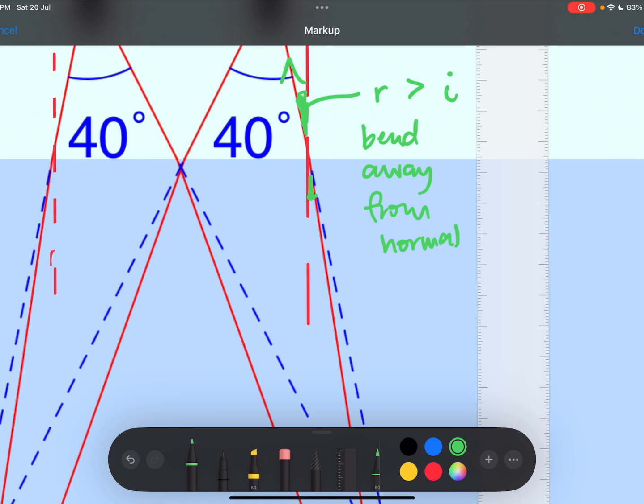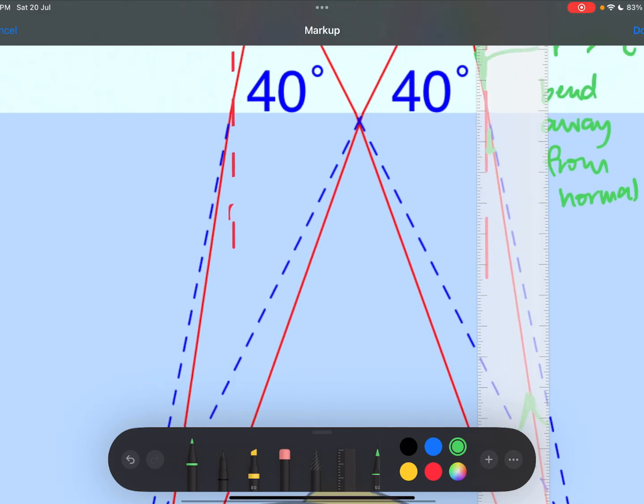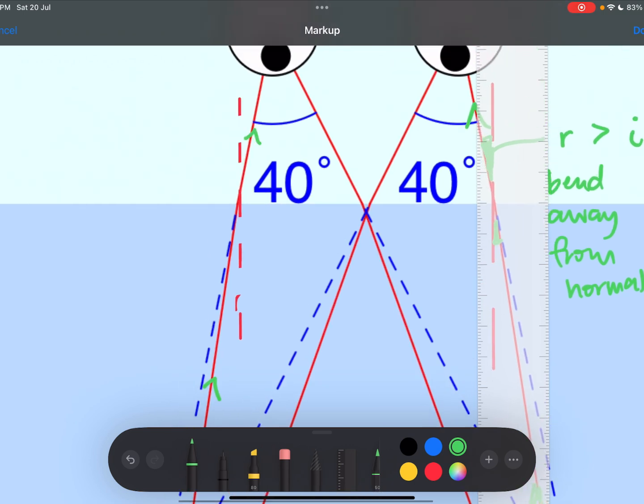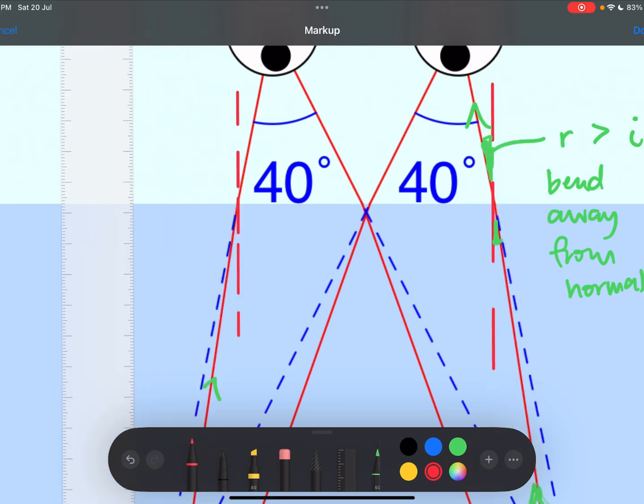Let's look at the other side, right? Okay, again, it's going from the fish up into your eyes. So this is my angle of incidence, and this is my angle of refraction. My normal is not so good here. Anyway, what it should show is that the angle of incidence is less than the angle of refraction.